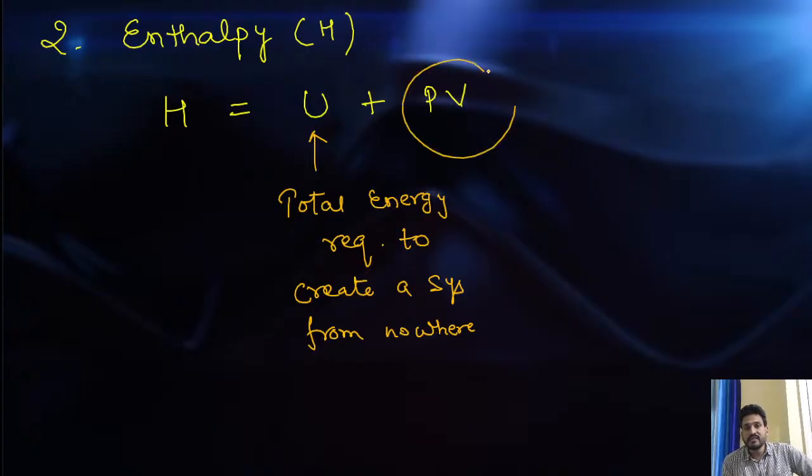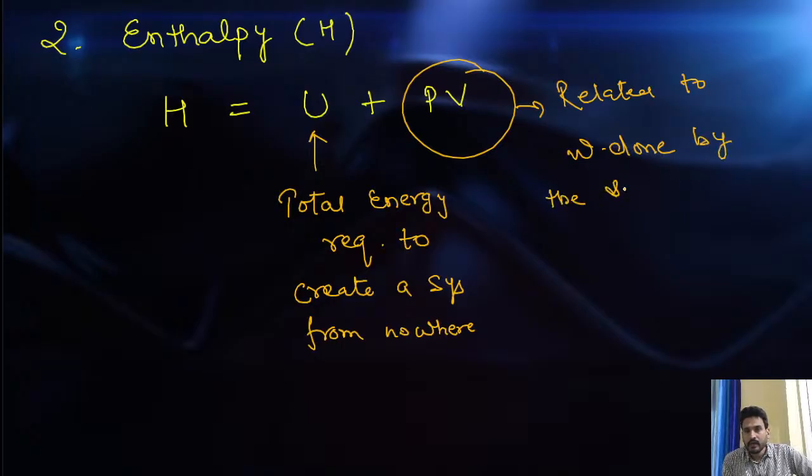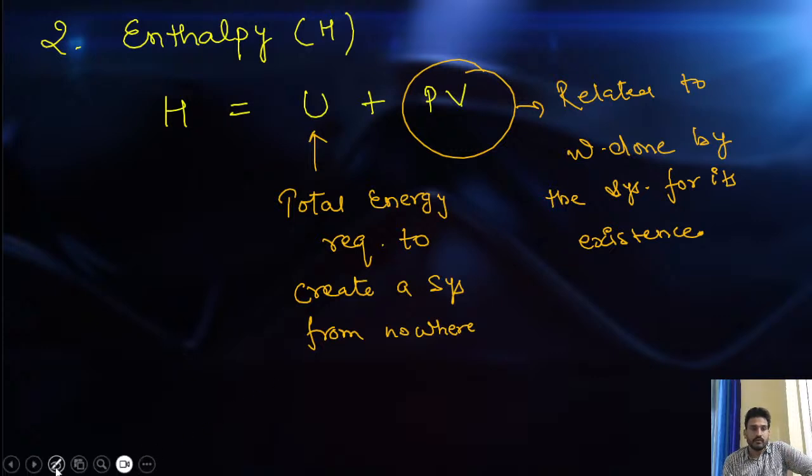Okay, PV is basically related to work done by the system for its existence. So what is this? Just very simple. Let's suppose I make this system.